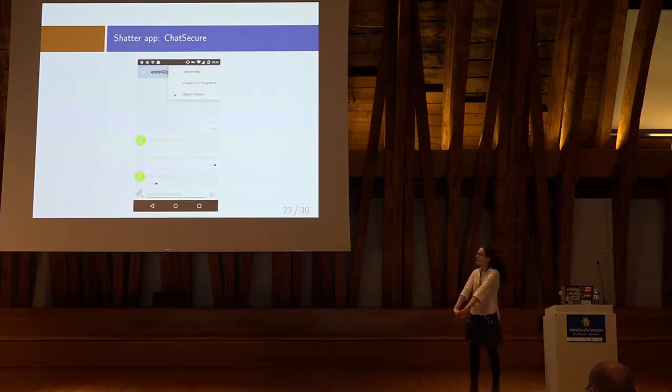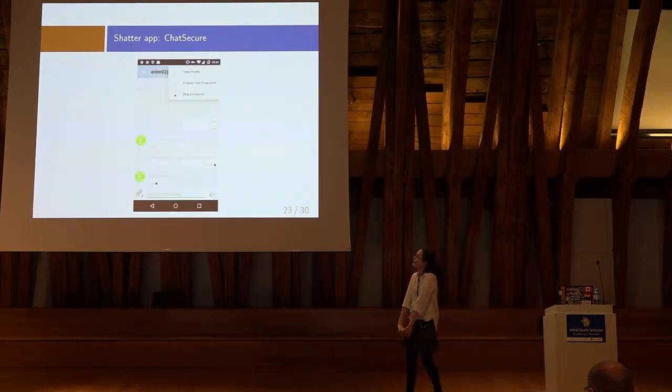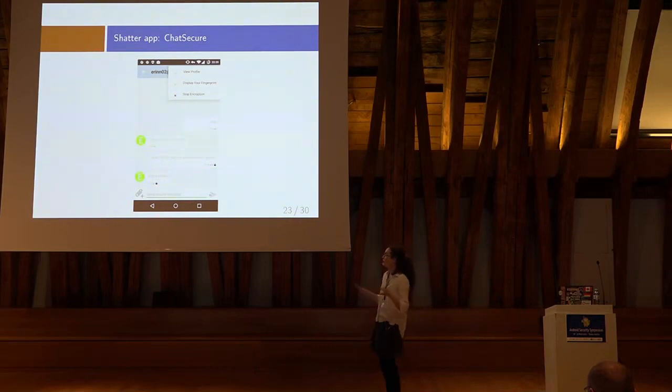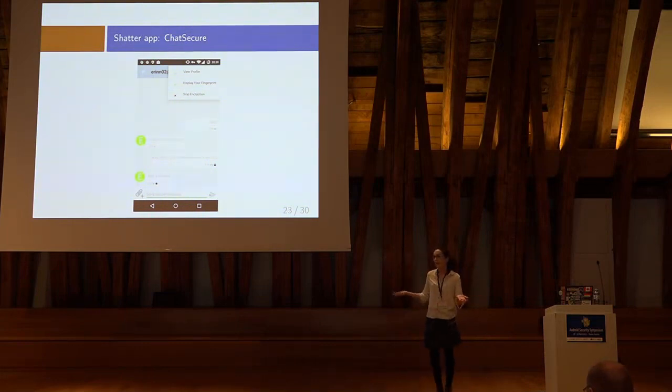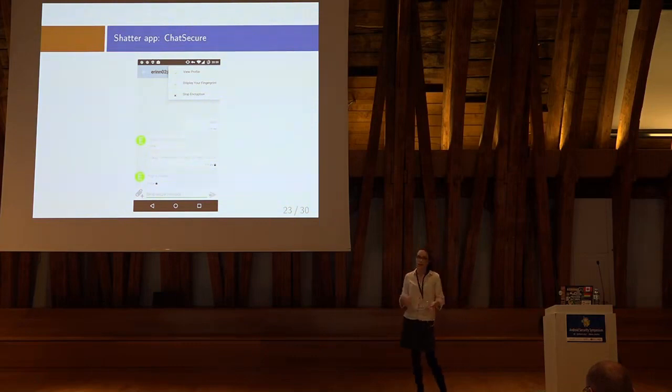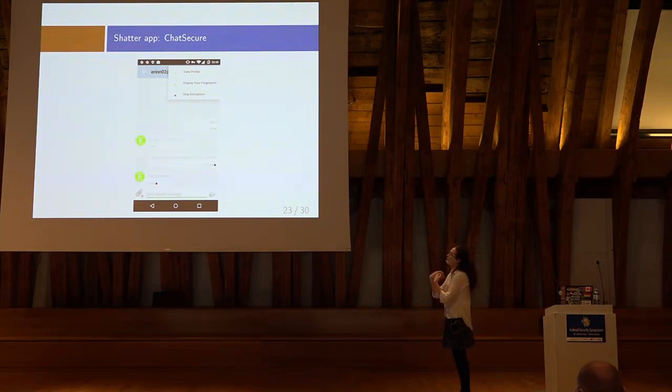So here's what ChatSecure looks like, or looked like. This screenshot is incredibly boring, and that's exactly what we want. We want apps to be minimally changed and to be backwards compatible so that the user barely even notices the difference, other than the fact that they had to install the Shatter client and set it up. So you open up ChatSecure, you hit Start Encryption.